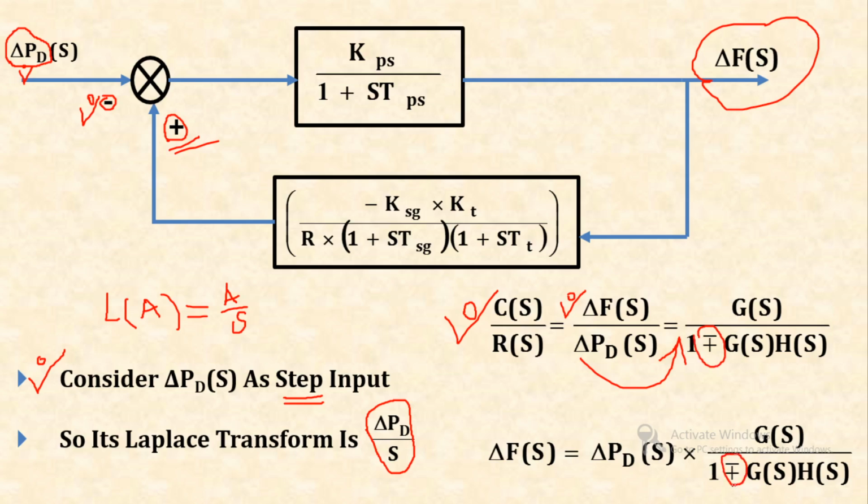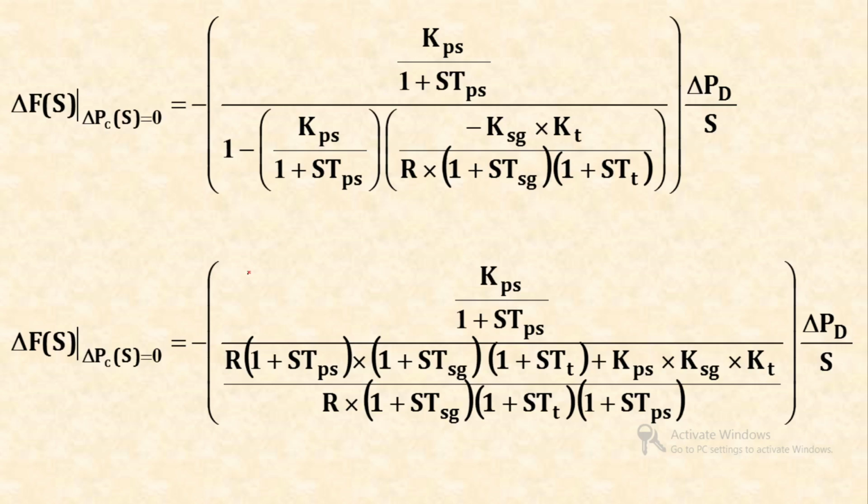So let's try to find out the delta F of S. So delta F of S when delta PC of S equal to 0 is equal to delta PD of S, and this is the minus sign. I have mentioned the minus sign in the upper, most left hand side.